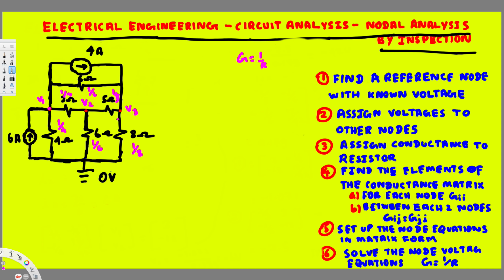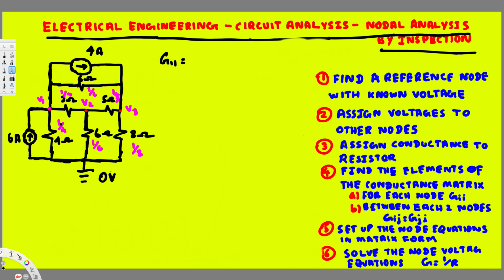Now the next step is to find the elements of the conductance matrix. So for the conductance matrix, we take G11. What this means is we look at the voltage V1 and see what conductances are connected with this V1 and we add them together.